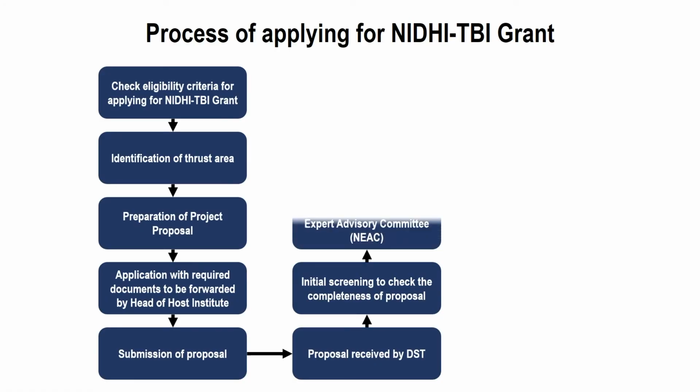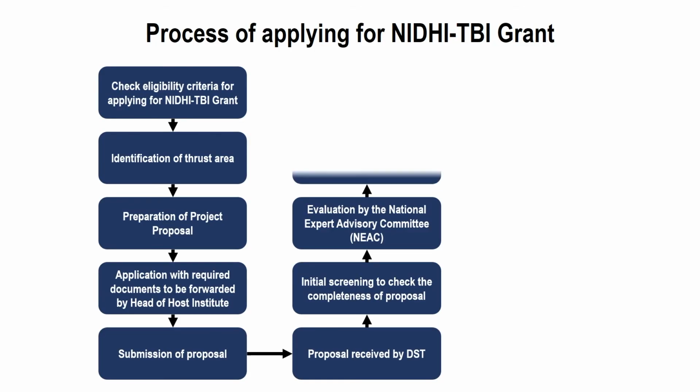The National Expert Advisory Committee will evaluate your project proposal, and if they are satisfied with it, you will be given a sanction letter stating that your fund will be released, and you have successfully got the fund for the particular TBI which you have applied for.